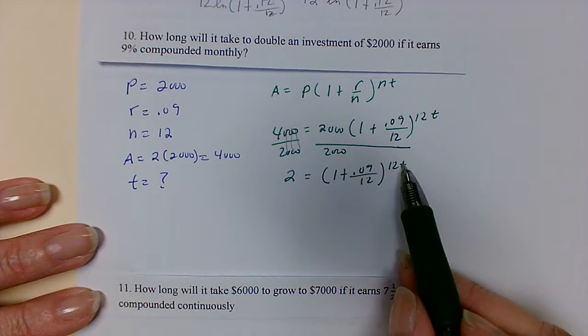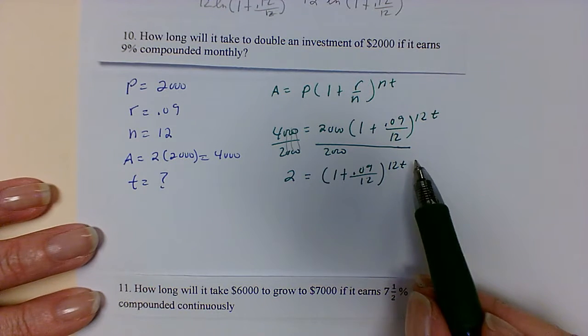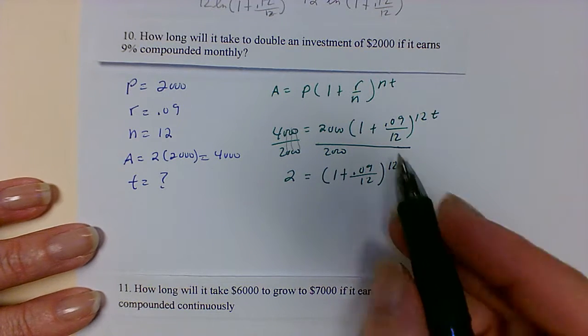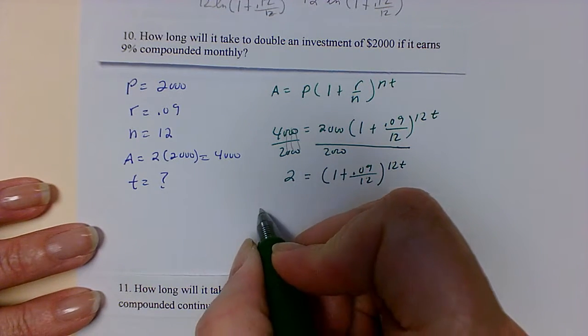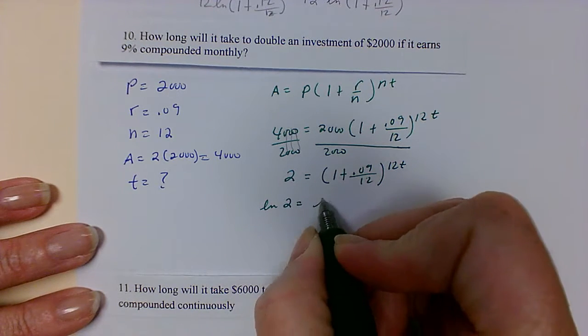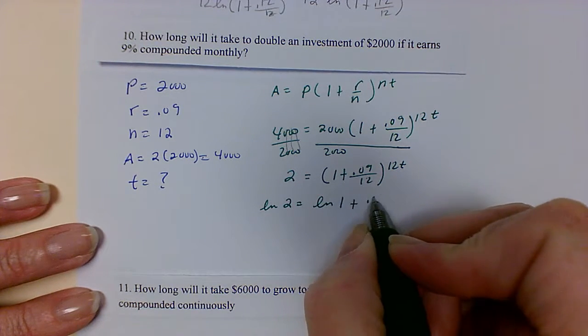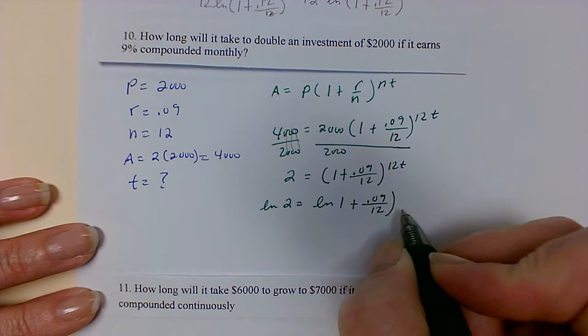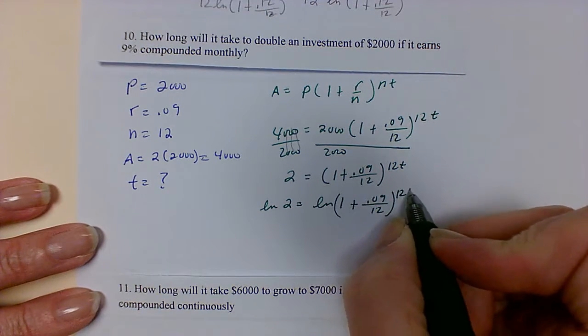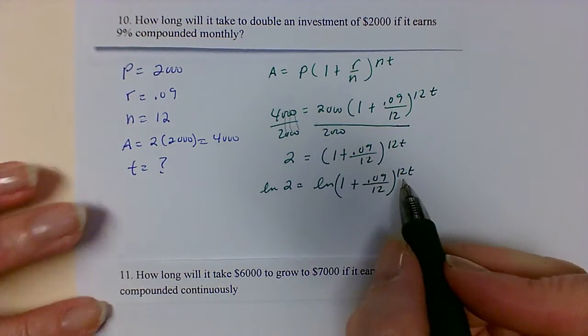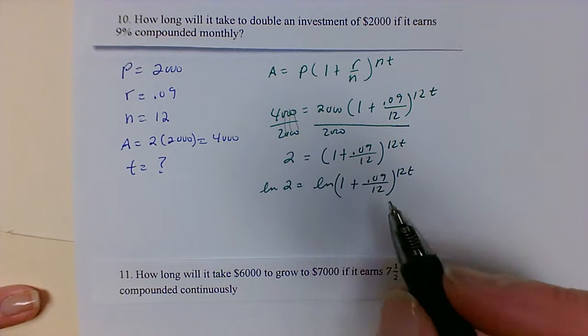So again, we have t in our exponent, so we are going to do the natural log of both sides. So the ln of 2 equals the ln of 1 plus 0.09 divided by 12 raised to the 12t. This allows us to bring our exponent out front.